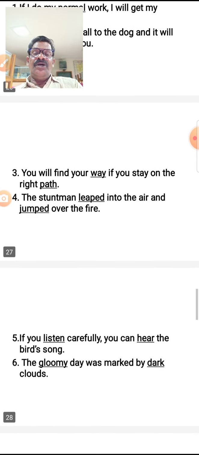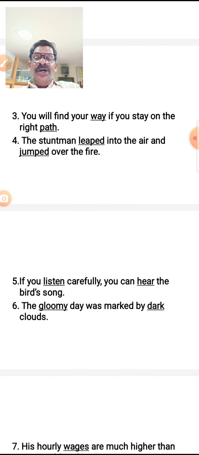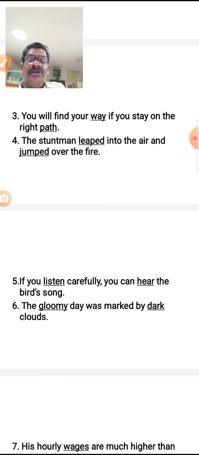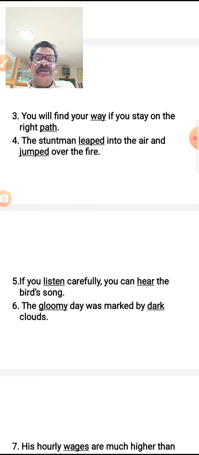Now let us come to the fifth one. If you listen carefully, you can hear the bird's song. So this is perhaps, if I am not mistaken, the easiest one. Listen, hear. These are two simple words which we have been in touch with in written and spoken language.